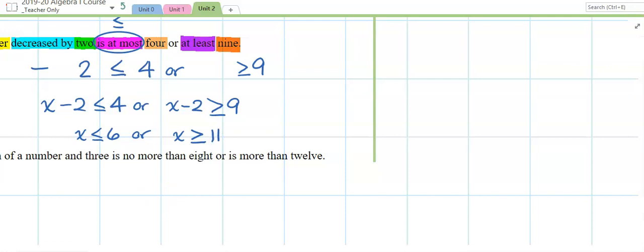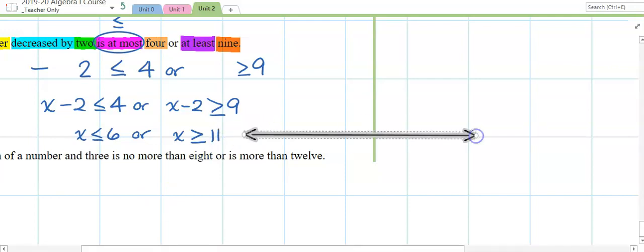And when I graph that on a number line with 0 at the center, I will put a closed dot on 6 and shade to the left, and I'll put a closed dot on 11 and shade to the right.